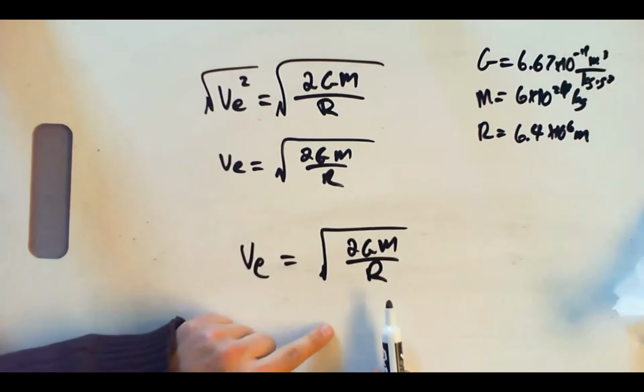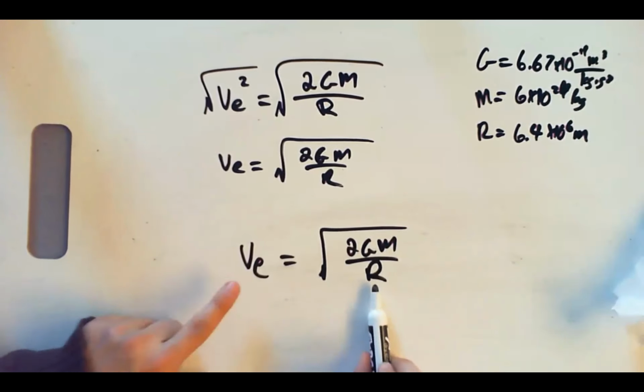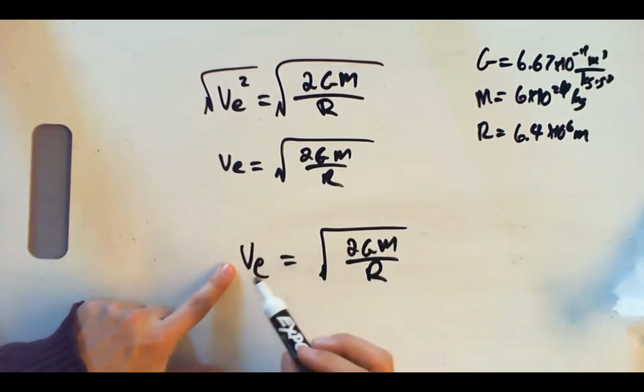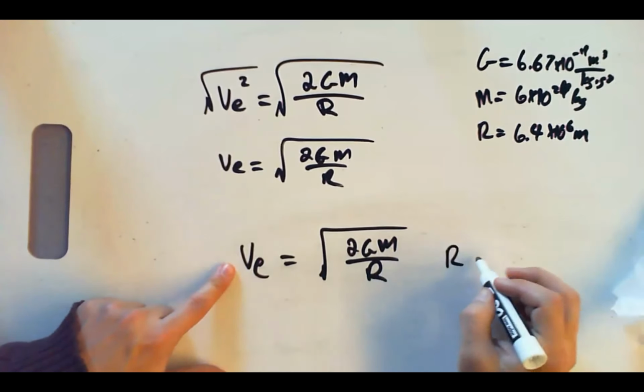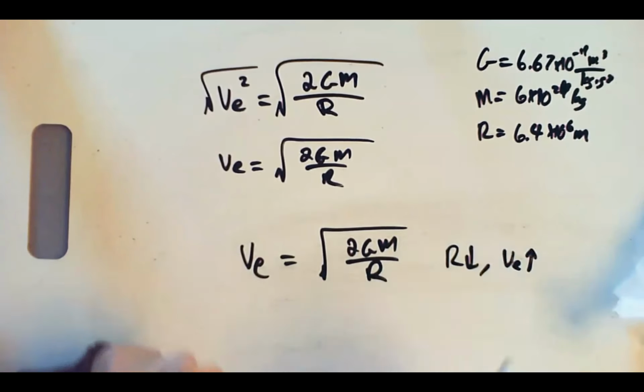If you shrink an object, the surface of that object, you're getting closer to the center of it, and you're standing on the surface, so R is getting smaller. What happens to the escape velocity if we shrink an object? R gets smaller, it's in the denominator, so VE has to go up. If R goes down, the escape velocity has to go up.